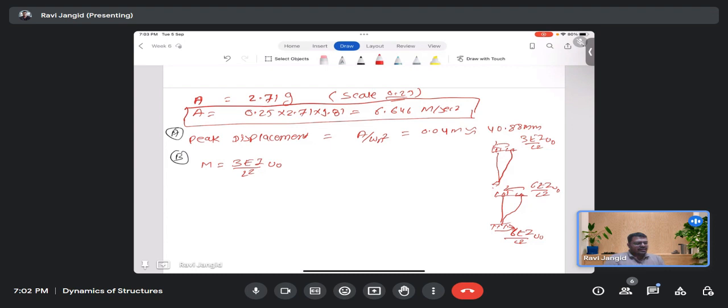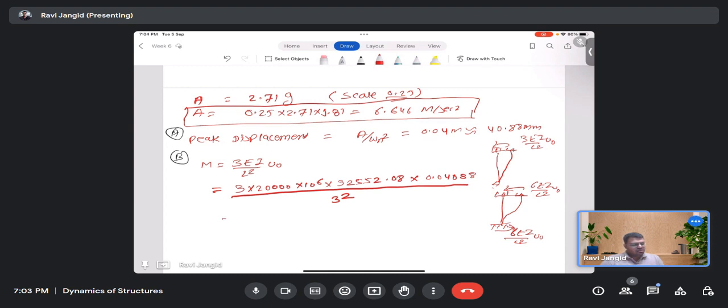So now using that, can you find out the M? For this, 3 into 20,000 into 10 raised to power 6, I is given as 32552.08, into U naught, which is 0.04088, divided by 3 square.